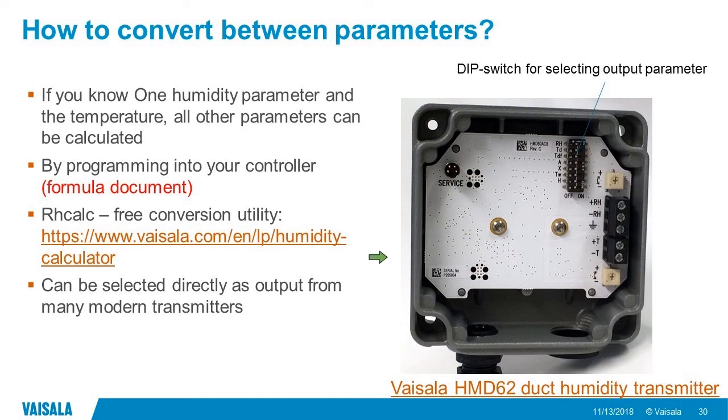And I've put in a picture here of one of our own humidity transmitters. This is the Vaisala HMD62 duct transmitter. And here you can see actually a dip switch bank, which allows you to very easily select not only relative humidity, but dew point, wet bulb, and enthalpy, and a few others even. So very easy, just need a screwdriver and you can switch humidity parameters in your transmitter.